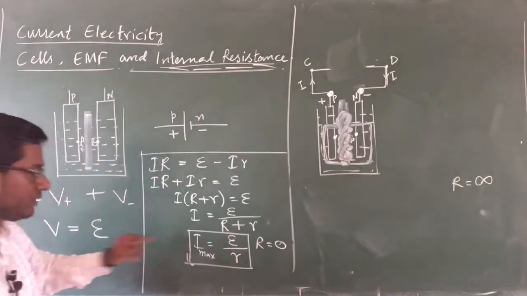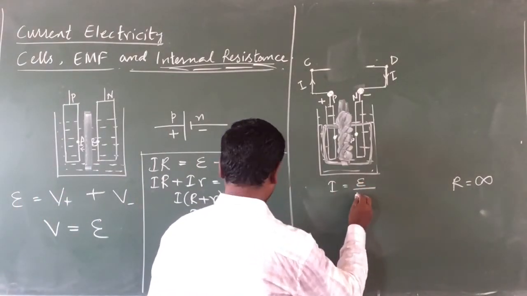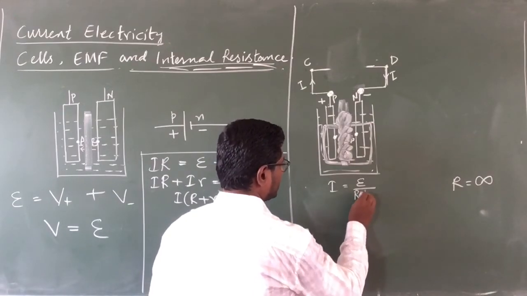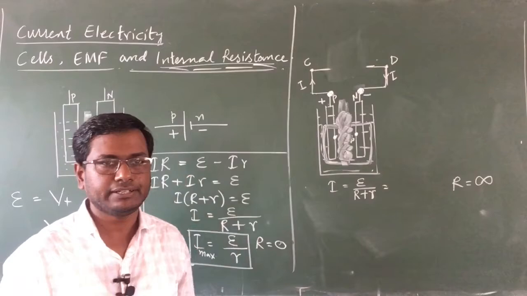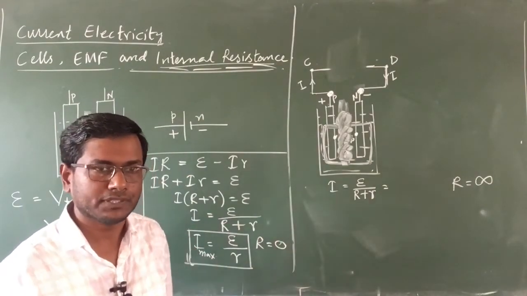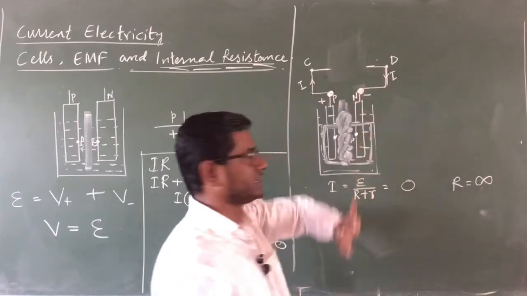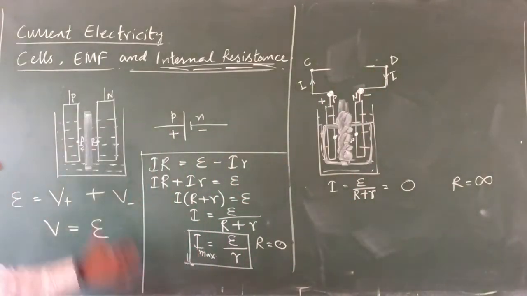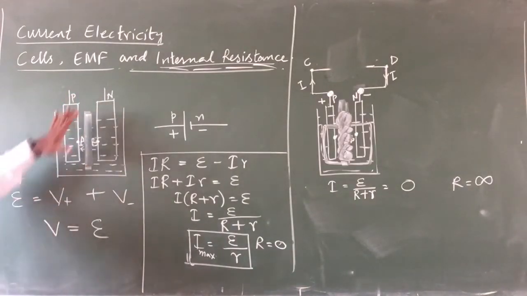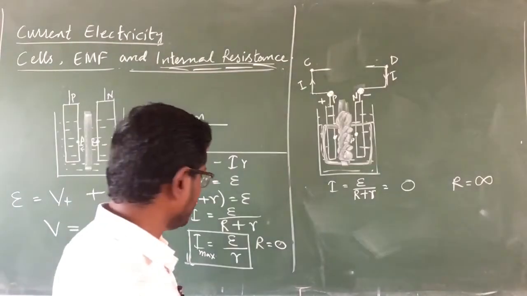If I want to calculate that current, it will be equal to epsilon divided by R plus r. Now, if I substitute infinity in the denominator, what is going to happen? It is going to become 0. If there is an open circuit, no current flows, and that situation is similar to this one where nothing is connected between the positive terminal and the negative terminal.